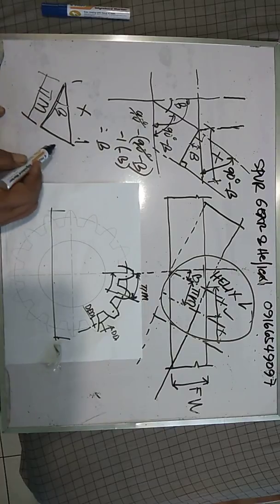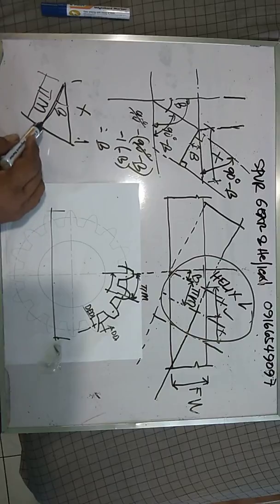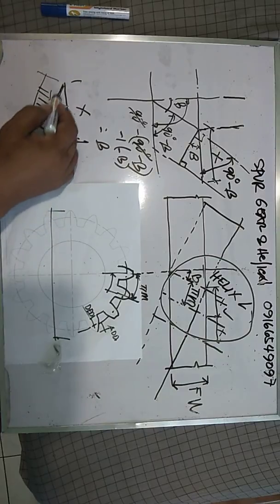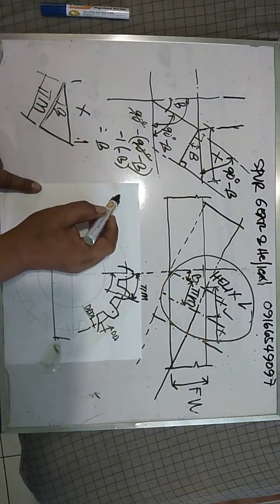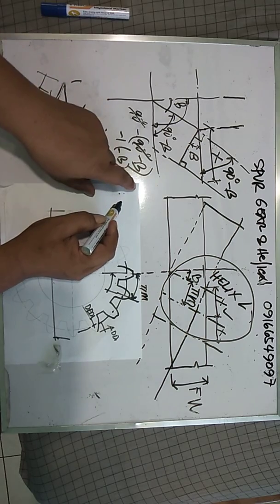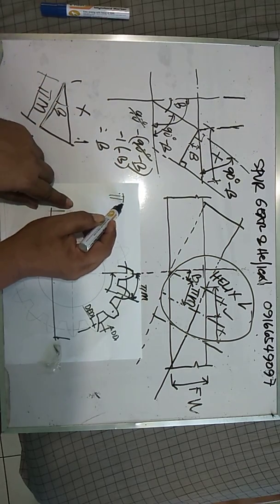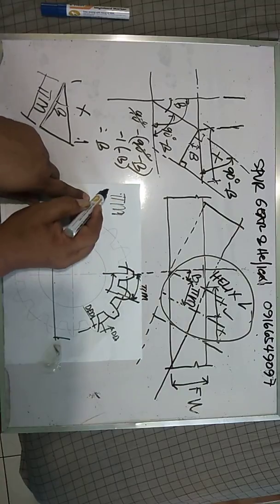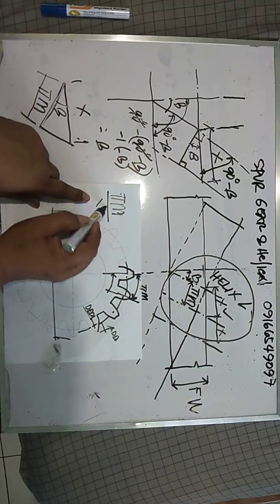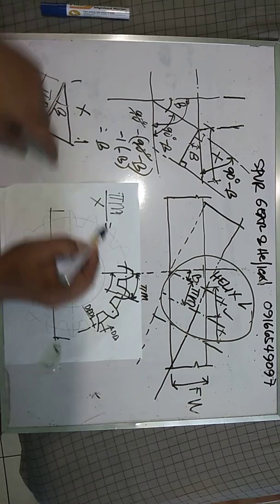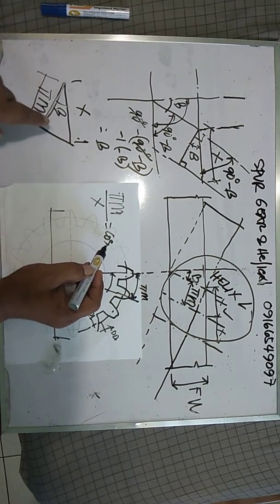So this becomes the adjacent to beta. Pi m over x is equal to cosine beta.